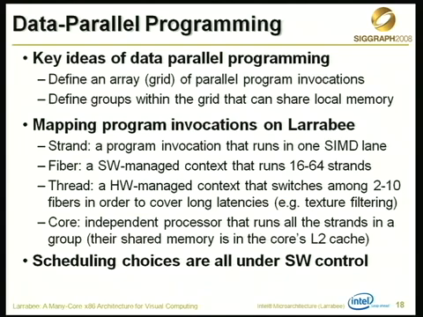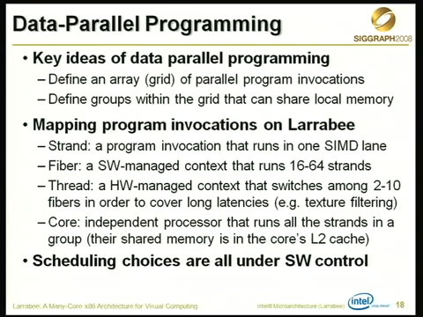Next, let's consider data parallel programming, as I mentioned before. The key idea of data parallel programming is exemplified in APIs such as DX11's compute shader or OpenCL, among others. The basic idea is you have an array of parallel program invocations, and each invocation has its own separate data.